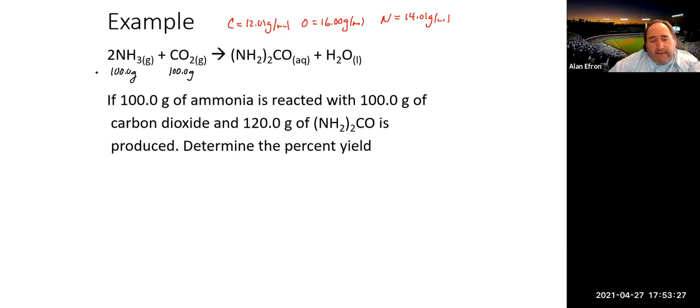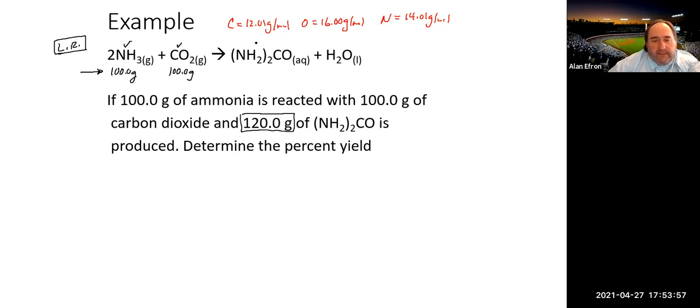So from those two pieces of information, we have grams of NH3 and grams of CO2. That allows us to get to the moles of each of these guys, and that should automatically tell you that this is a limiting reagent type problem. Because we have enough information to get to the moles of each of those, it's definitely going to be limiting reagent.